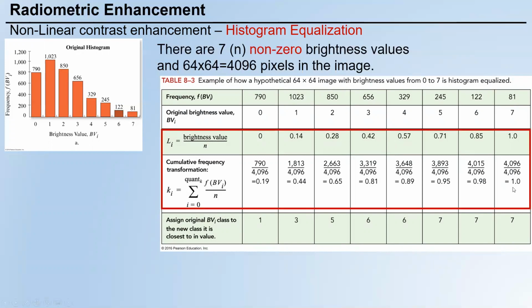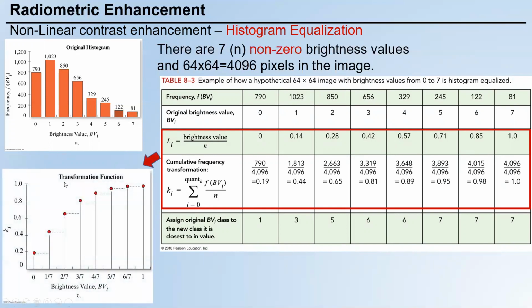So let's use another histogram, another chart, to show the content in this red rectangle. This is the transformation function. Here we have brightness values from 0 to 1 to 2 to 7.